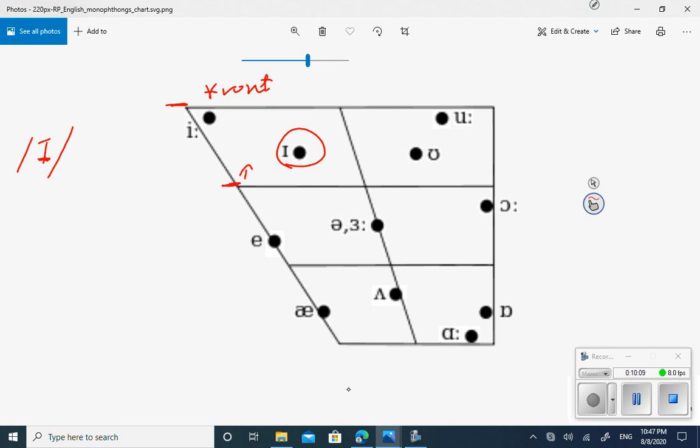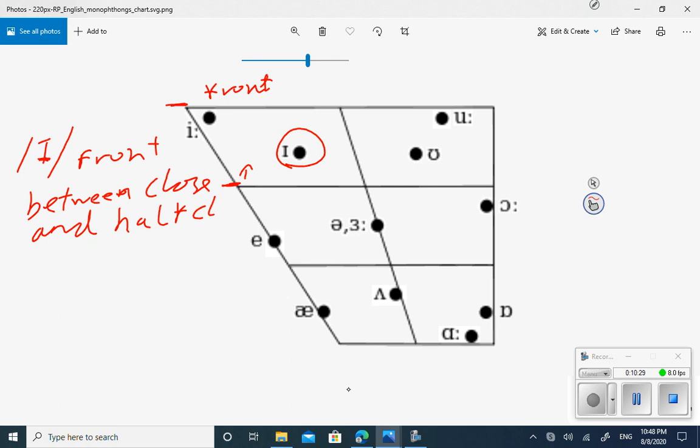So this is the name of the vowel: front, between close and half close, short and unrounded.